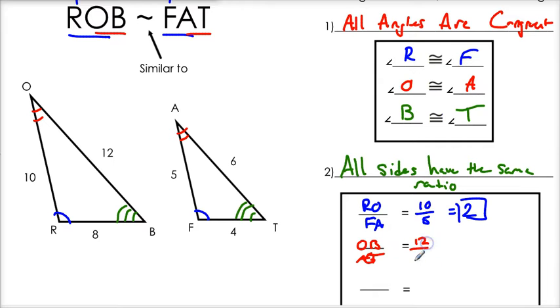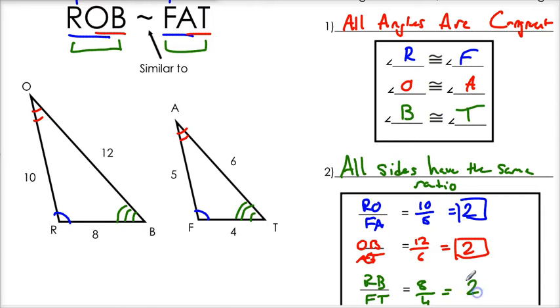And so that's 12 over 6, and that is, once again, 12 divided by 6 is 2. And then finally, we have our last ratio, which is RB to FT. So the ratio of RB to FT is 8 over 4. And look at that, 8 divided by 4 is 2.